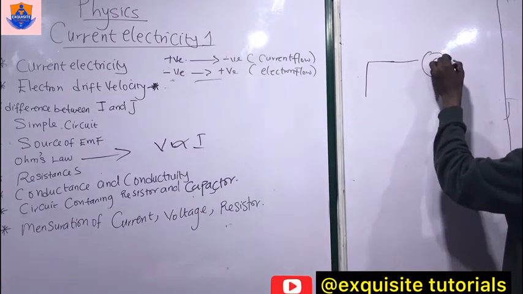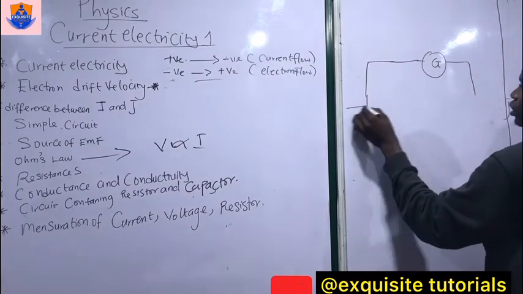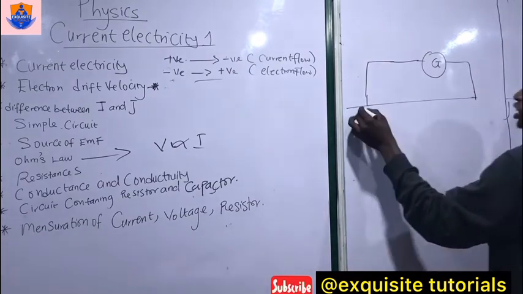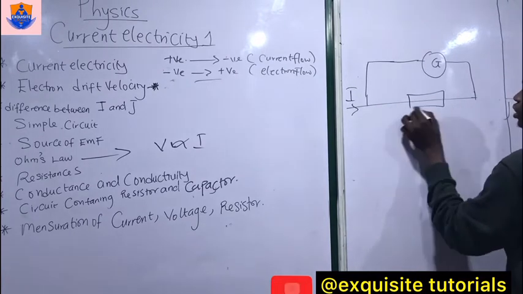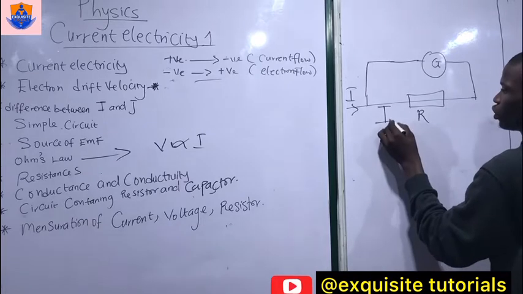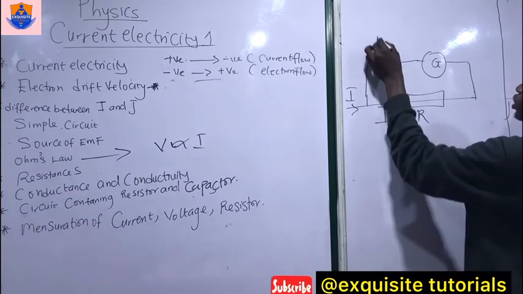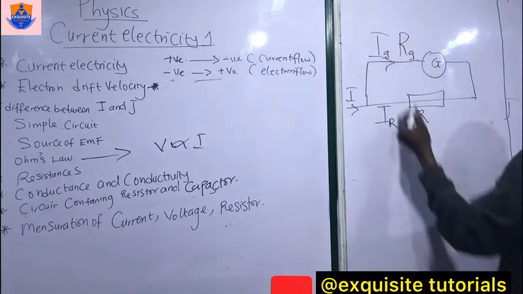This is the galvanometer in it. Initially, this current is trying to flow through it. Then this resistor is the shunt that I was talking about, then the current of the shunt. Then this part is the current of the galvanometer and the resistance of the galvanometer.